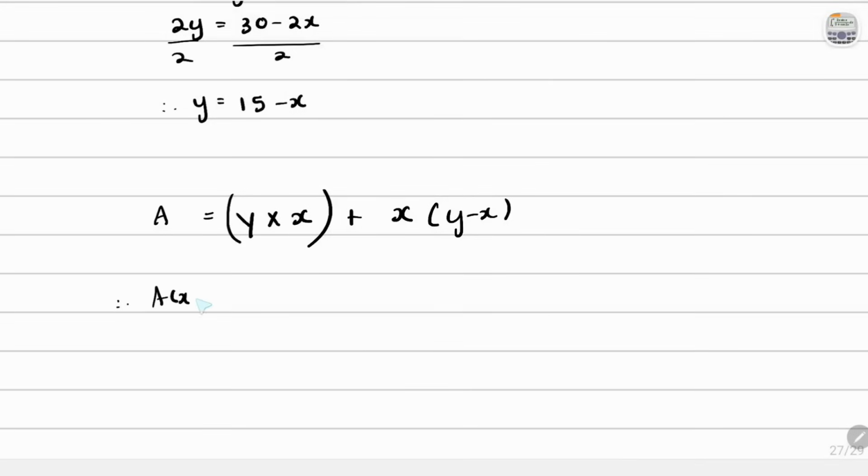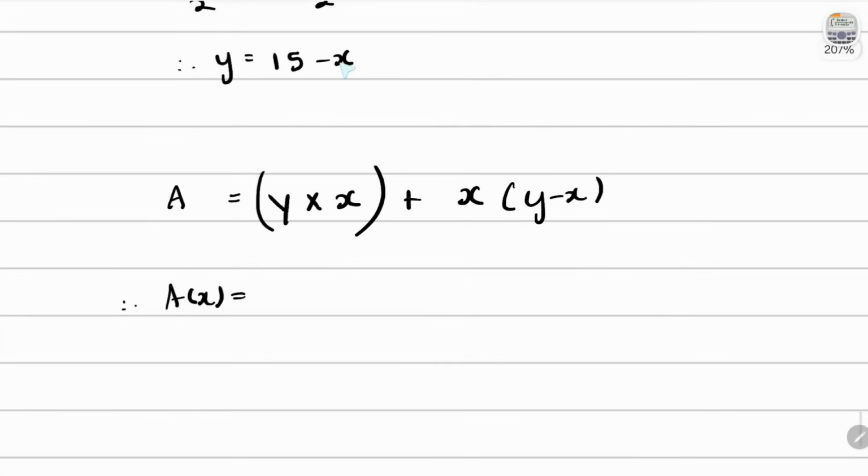Therefore, A of x is equal to, and this is y times x. Now, y has two terms. Since it's multiplying by something with one term, we can just say x multiplied by, this is y, 15 minus x, and we're adding this to x multiplied by, this is y, that's 15 minus x, and then still we have that minus x.